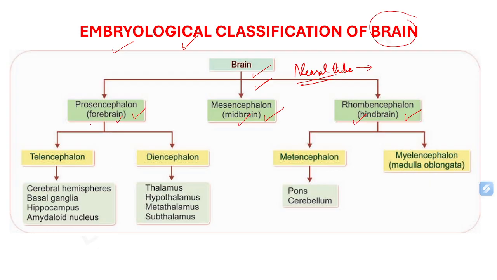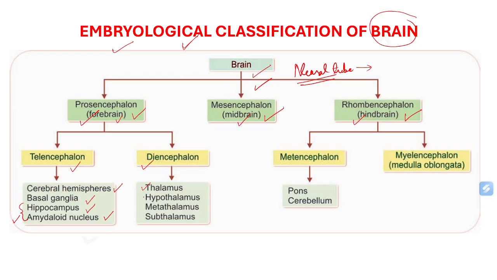So now forebrain is divided further into telencephalon and diencephalon. Telencephalon contains the cerebral hemispheres, the basal ganglia, the hypothalamus, and the amygdaloid nucleus. A good point to know here is that the hippocampus and the amygdaloid nucleus both control the emotional responses of a person.